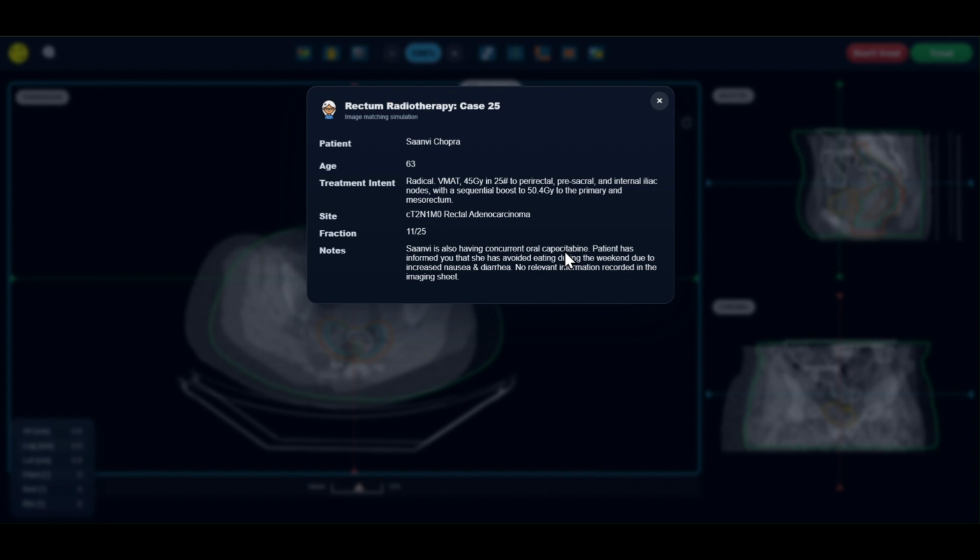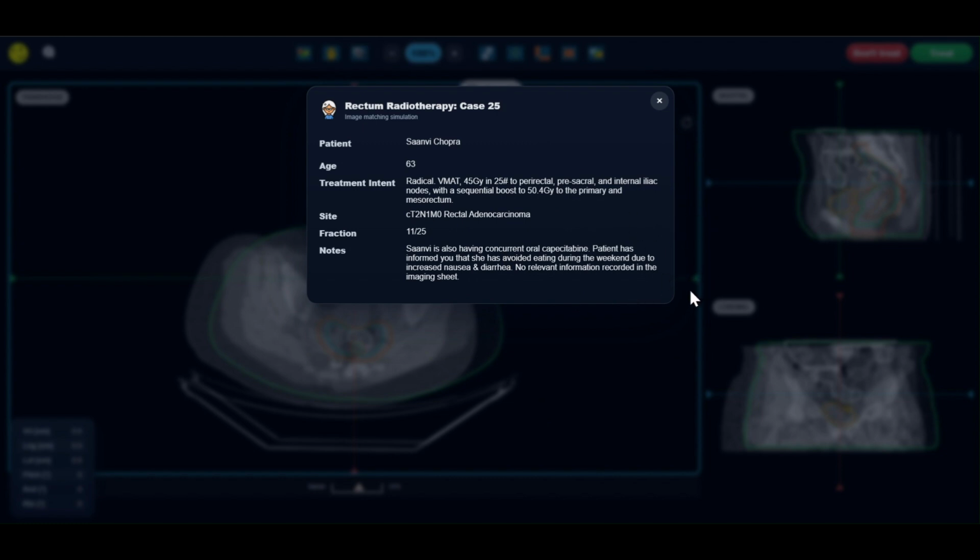To simplify this a bit more, in rectal cancer, capecitabine is often used as a radiosensitizer, which means that it helps to make cancer cells more sensitive to radiation, so that once we deliver the radiotherapy, the cancer cells are much more likely to die.